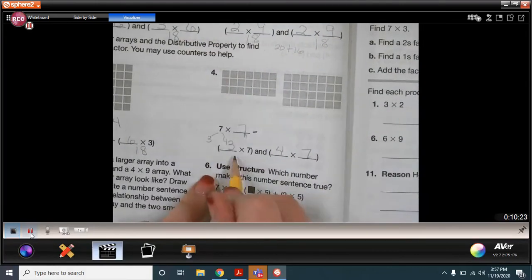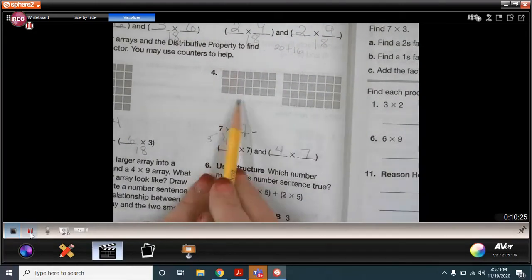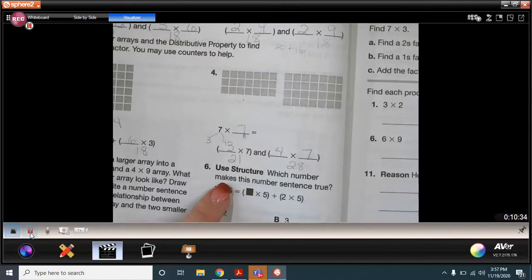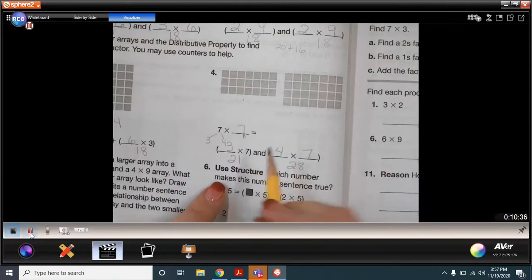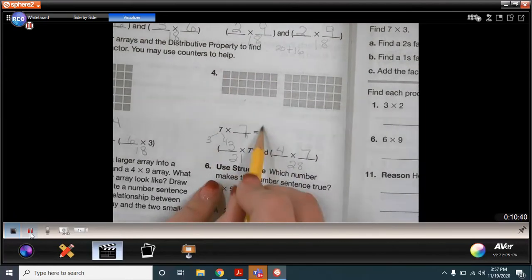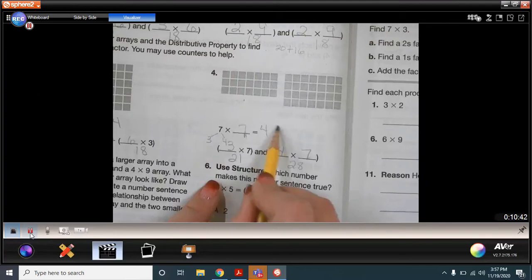And 3 times 7 is 21, so there's 21 squares here. And 4 times 7 is 28, because 7 plus 7 is 14, and another 7 plus 7 is 14. And when I add these together, 21 and 28 is 49.